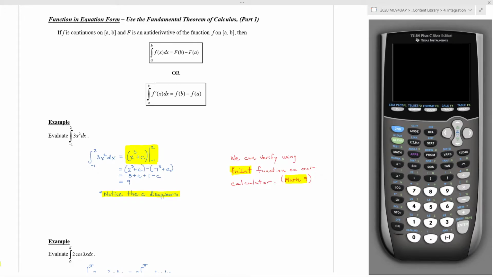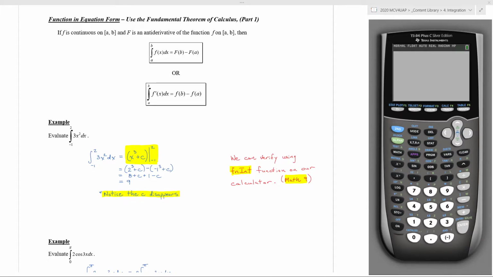Okay, so before I go on to the next one, you can verify this using the calculator. And give me a minute, I'll share my calculator with you. Okay, so here's the calculator.